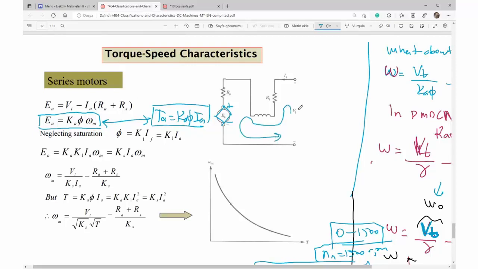The applied terminal voltage is equal to current times (Rs plus Ra), and let me write armature current. It can be equal to field or load current, it doesn't matter. And then here is the armature EMF.